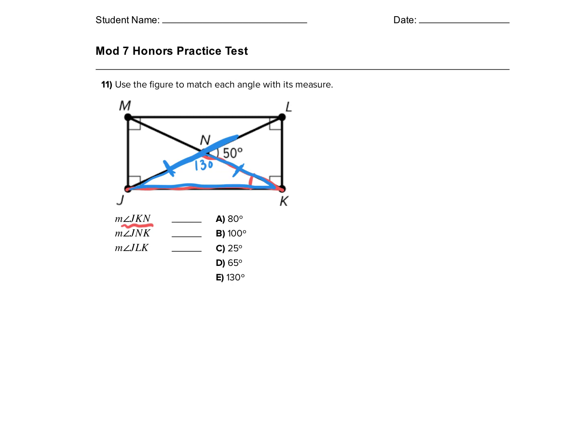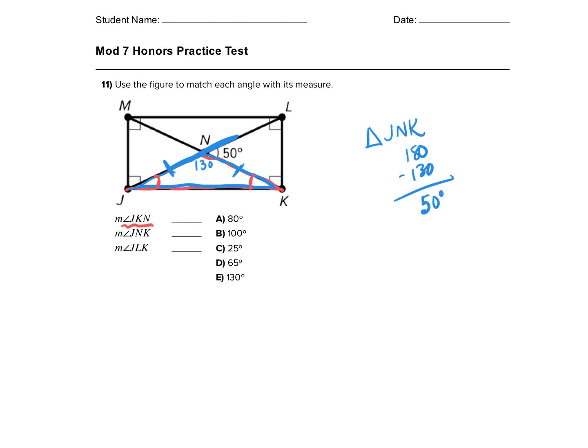So that means the triangle obviously has a 180 degree total. If I subtract the 130, that gives me 50 degrees remaining for these two congruent base angles.